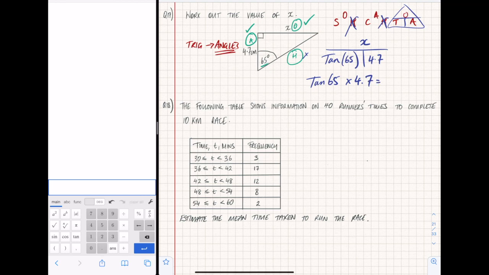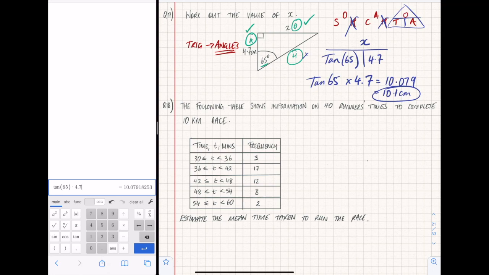So on my calculator, just go to tan, type in 65, and then times by 4.7. You get an answer of 10.079. So if it asks you to round it to one decimal place, that would be 10.1 centimeters. And that would be your answer to that trigonometry question.